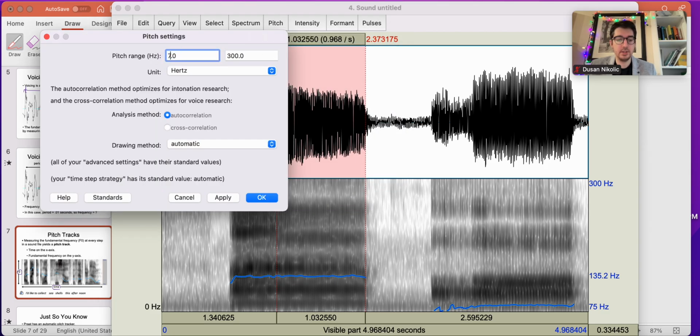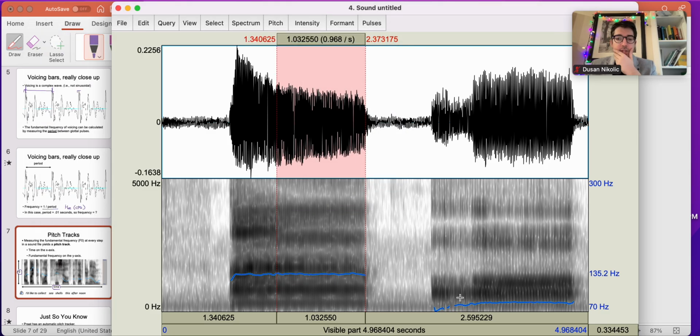Let me try 70, it is the best one to view, because if you're making a sound that is periodic, you're likely to get the blue line or pitch track or fundamental frequency again, quite monotonous, right? No changes, no drastic changes on it.